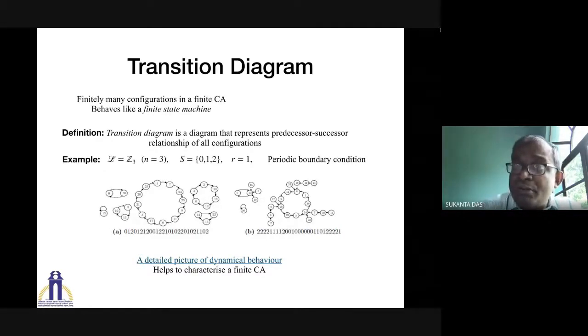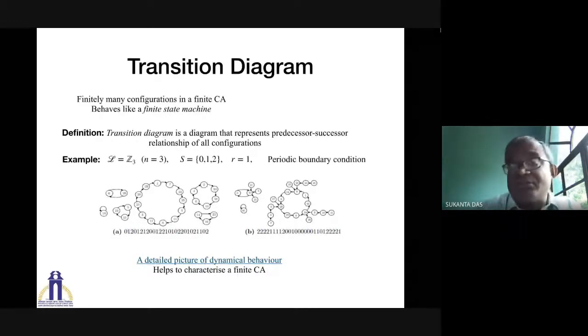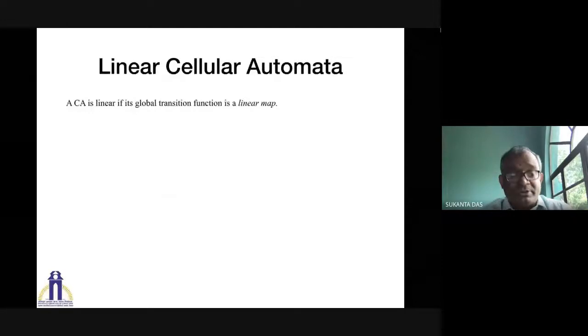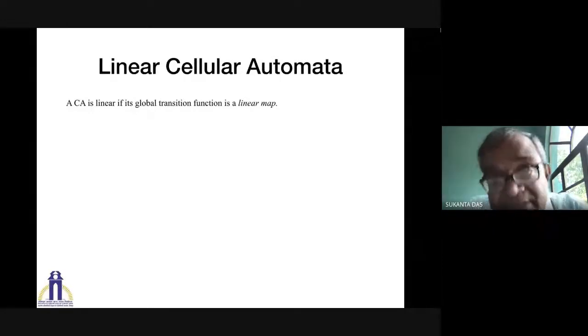So now we are moving to another special class of cellular automata called linear cellular automata. We are starting this under the finite cellular automata, but it does not mean that linear cellular automata are always finite.